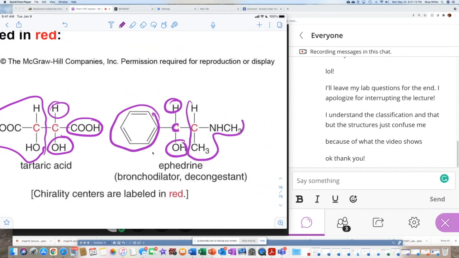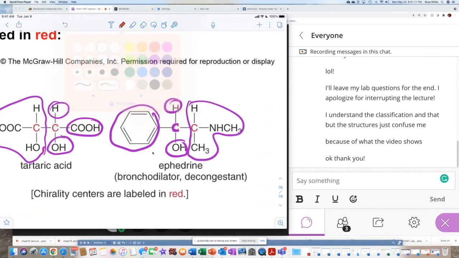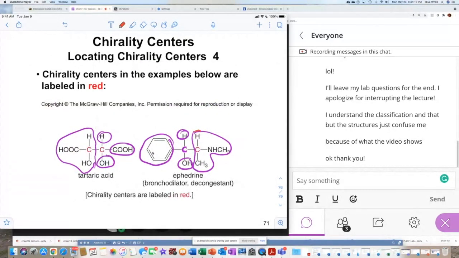Let me see if I can superimpose the one on the right: 1, 2, 3, and this whole 4. The point is, as long as you can find 4 different groups around the central atom, that makes that atom chiral.